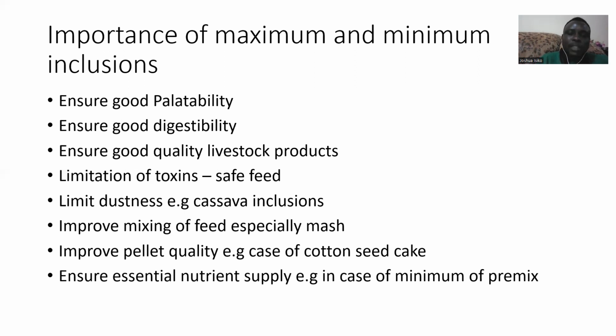So the reason why some of those ingredients are not popular is because they still have many questions about inclusion rates, about performance, about the FCR, which is the work of nutritional researchers. So there's a lot of information we need to qualify an ingredient to be a feed ingredient.